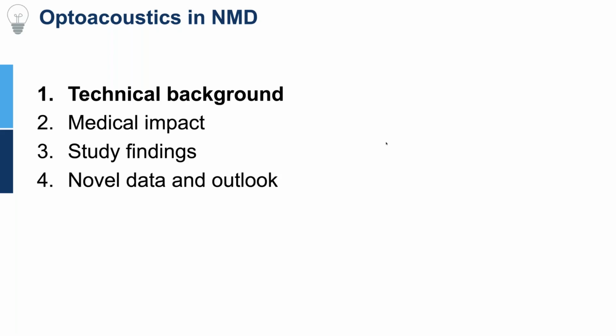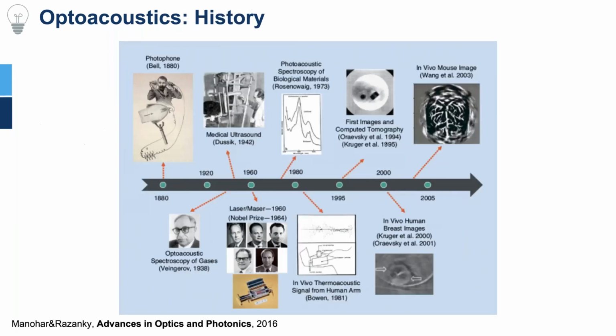So with this, I'd like to start with a more or less historical introduction of optoacoustic imaging, which started way back in 1880, where Alexander Graham Bell described the photoacoustic effect, which is more or less the conversion of light into sound waves, and he used it to transmit information for telecommunication.